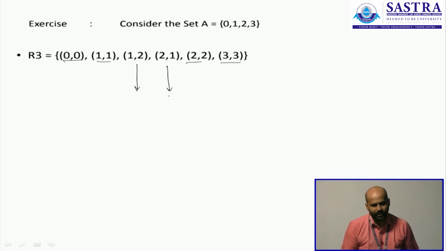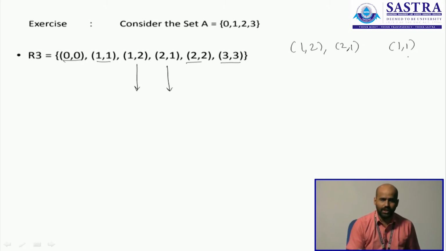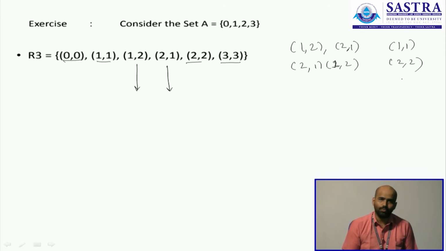Can we call this transitive? It turns out that you can in fact call this transitive because when you have 1, 2 and 2, 1, then you must also have 1, 1, which is the case. You in fact have 1, 1, and you have 2, 1 and 1, 2, which means you must have 2, 2, which is also the case. You in fact have 2, 2.